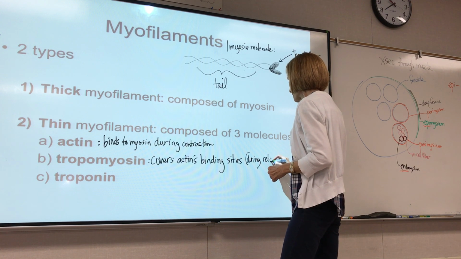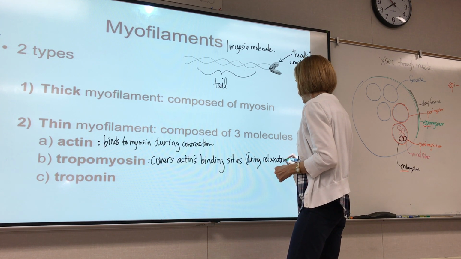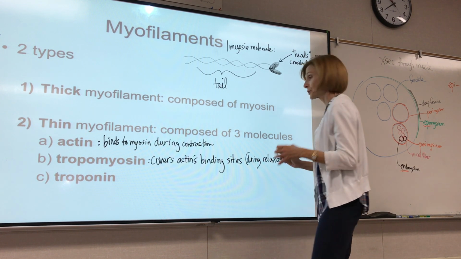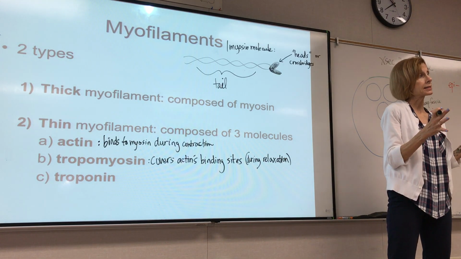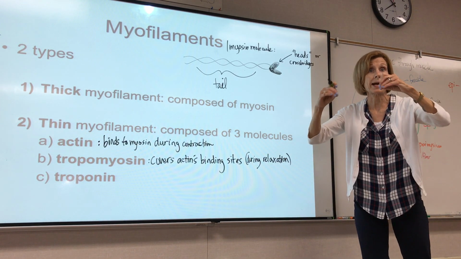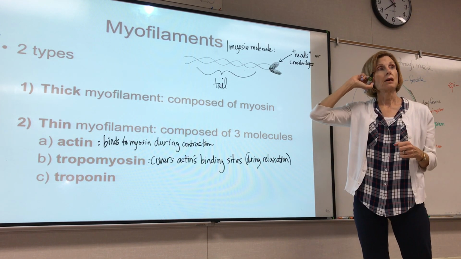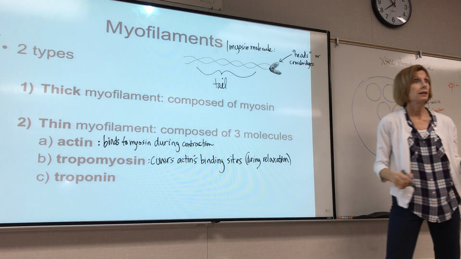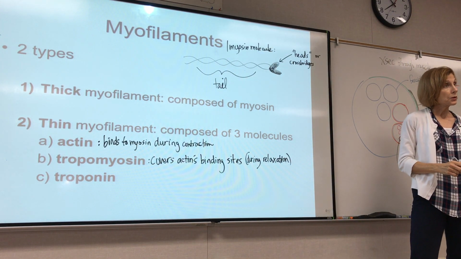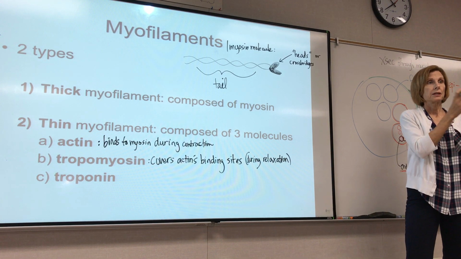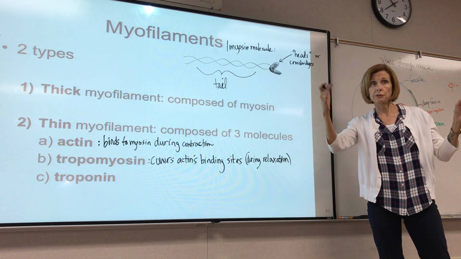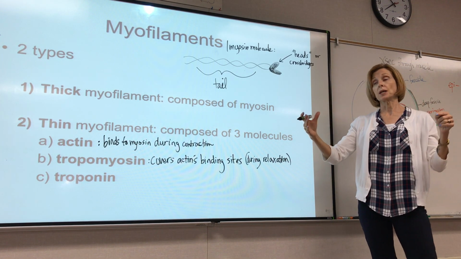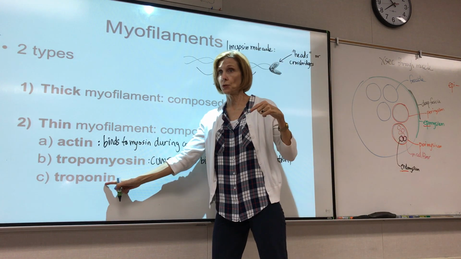Now when we want the muscle cell to contract, we of course have to expose those binding sites so that myosin can bind to actin. So that is where the third part of the thin filament comes in. Troponin is a molecule that's kind of scattered along the thin filament, and this is what calcium binds to.